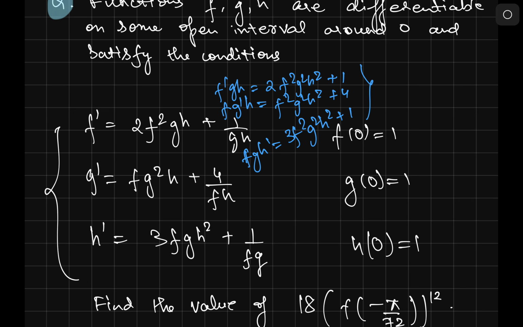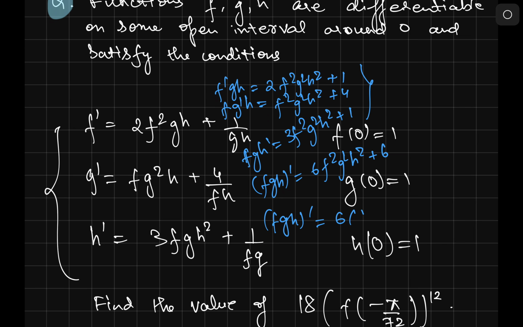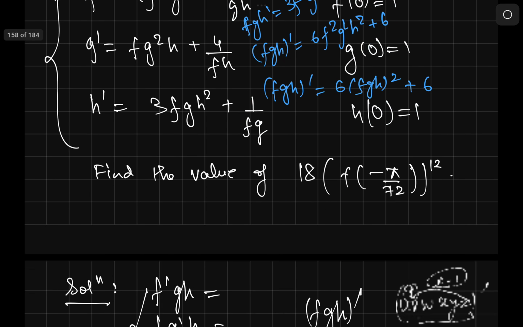And now once you add these up, you should be left with (fgh) dash is equal to 6f square g square h square plus 6. So (fgh) dash is equal to 6(fgh) square plus 6, right?